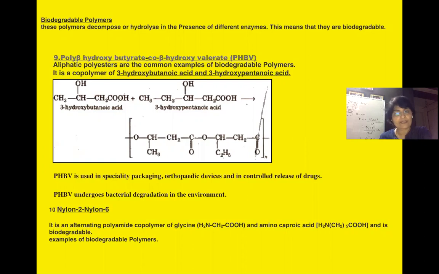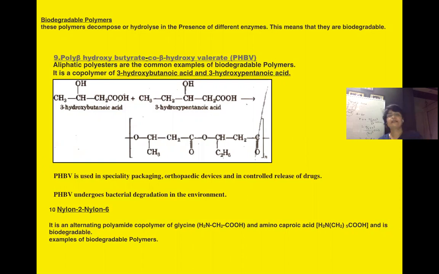Anywhere, like in quiz and GK questions can be asked, PHBV, poly-beta hydroxy butyrate. Butyrate sounds ester. Co-beta hydroxy valerate. Butyrate means 4 carbon atoms, valerate 5 carbon atoms. Which two substances are used for condensation? 3-hydroxybutanoic acid and 3-hydroxypentanoic acid. Simple. Butanoic and pentanoic acid. 3-hydroxy both are there.